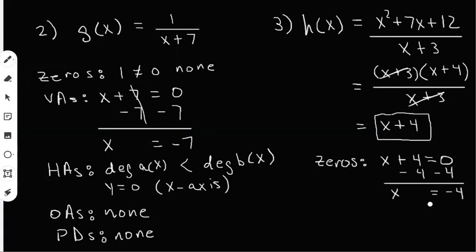So my point is going to be negative 4, comma 0. We'll see that when we graph it. The vertical asymptotes. Are there any vertical asymptotes? No. And that's because there is no denominator. The denominator is really 1, and that's not equal to 0. So we say there are none.